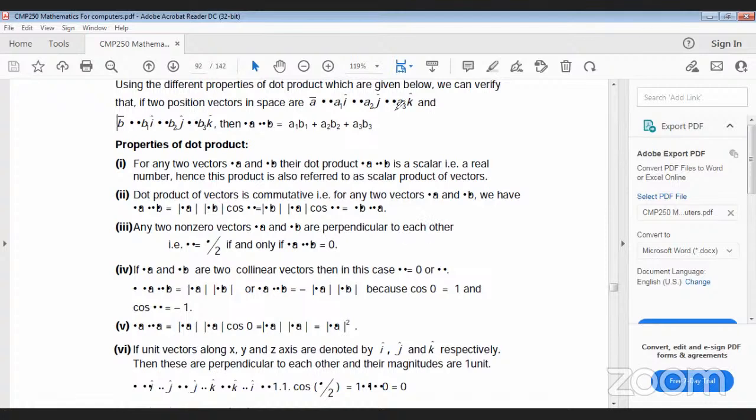Here you need to differentiate in the dot product: if they are perpendicular, cos theta equals 0.